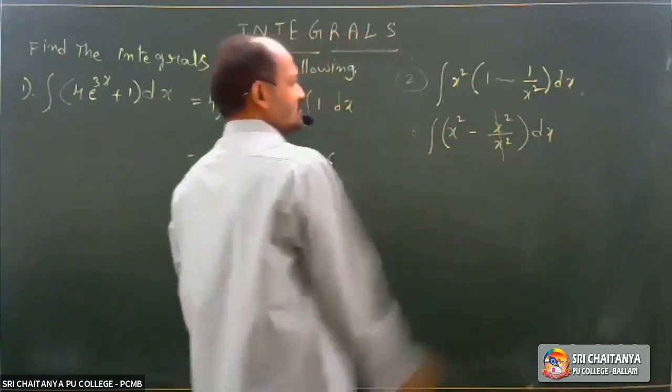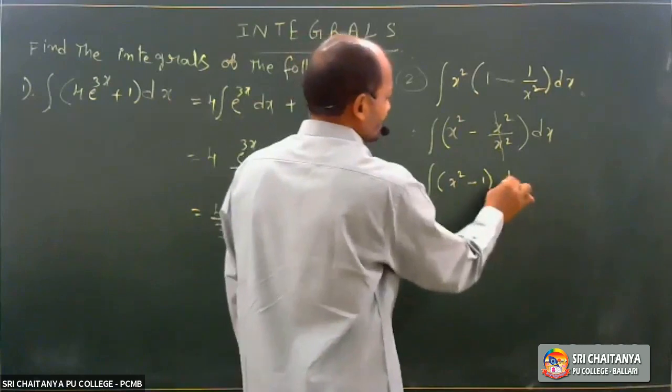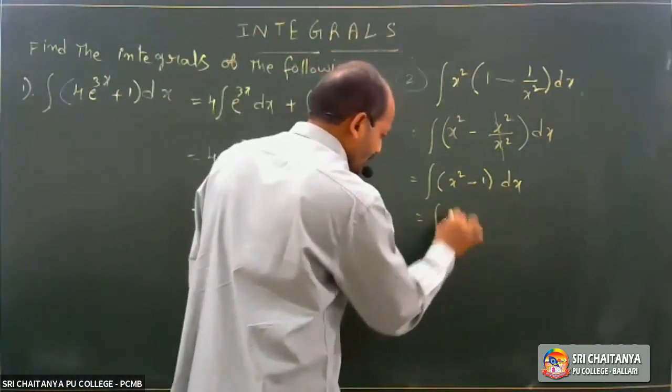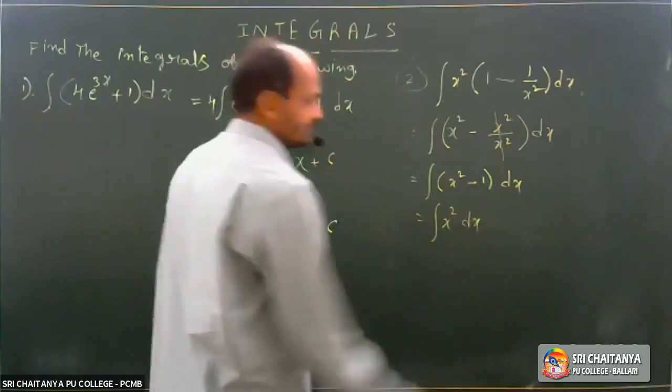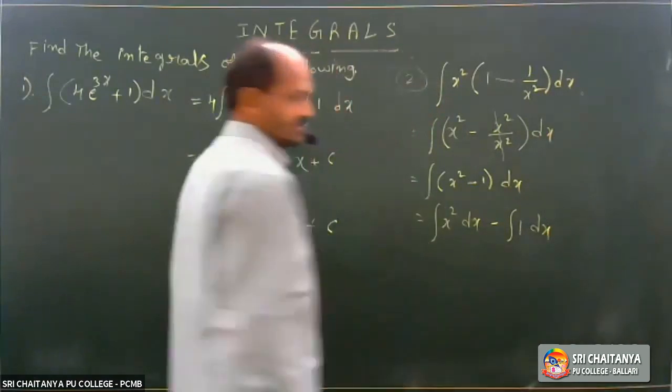X square by x square is 1. Integral of x square minus 1 dx. So it is the integral of x square dx minus integral of 1 dx.